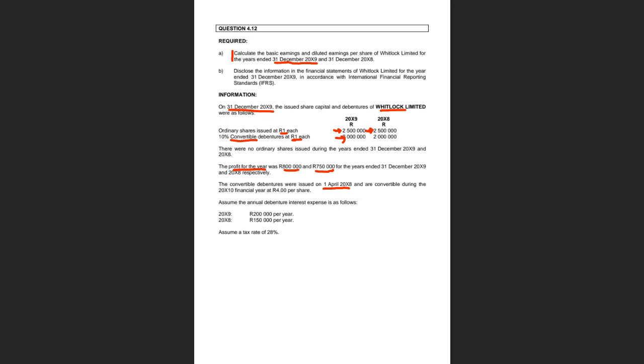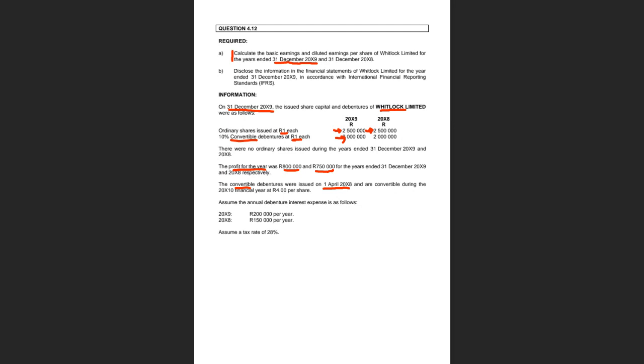January, February, March, and then in April, 1st of April, it was issued, right? So how many months have these convertible or dilutive debentures been in issue for in 20x8? It's been in issue for 9 months of the year, okay? 9 months of the year.